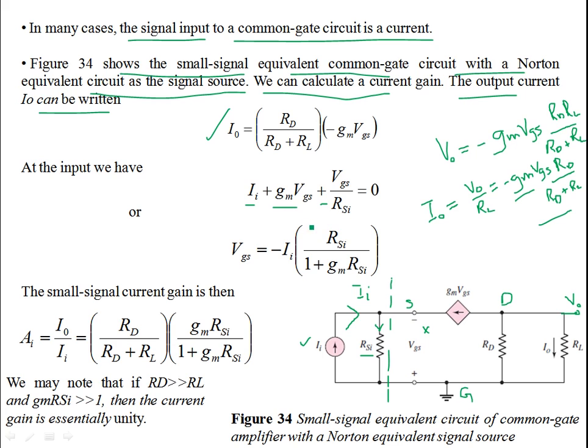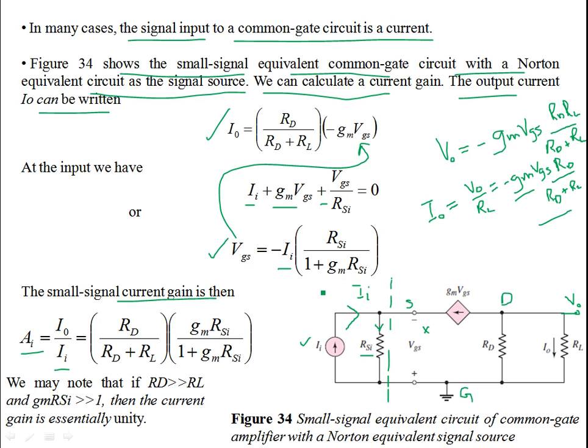Then you can express this VGS in terms of the input current. You can take VGS common, and express this in terms of the input current over here. If you substitute this VGS in the output current expression, you can bring the input current II out, and you can form the small signal current gain AI, which is I naught over II. That can be expressed in terms of the resistances RD and RD plus RL.